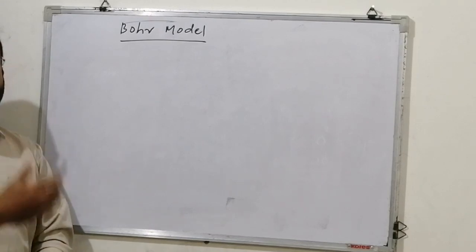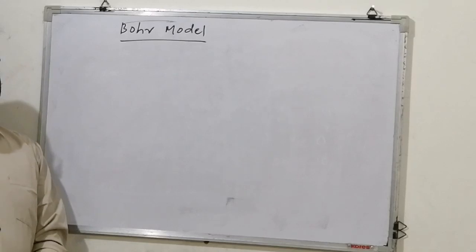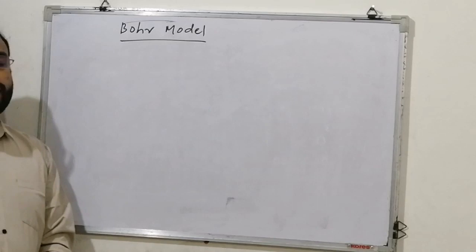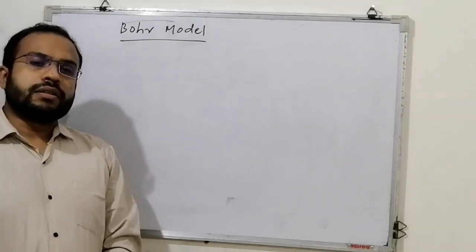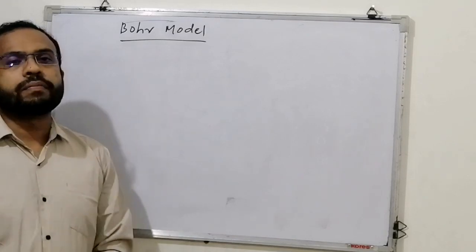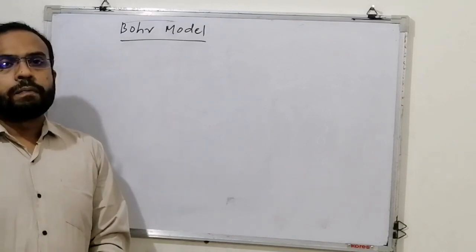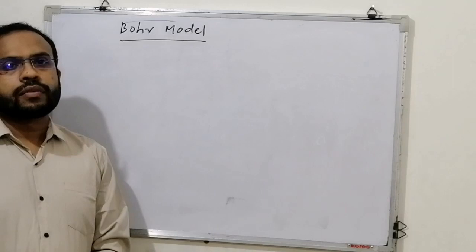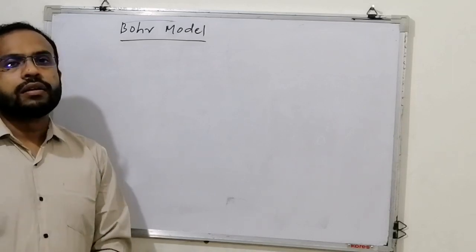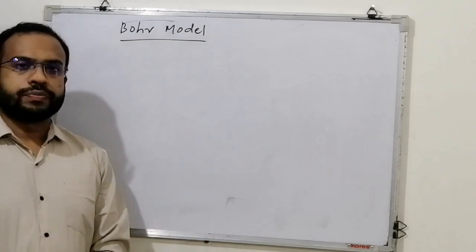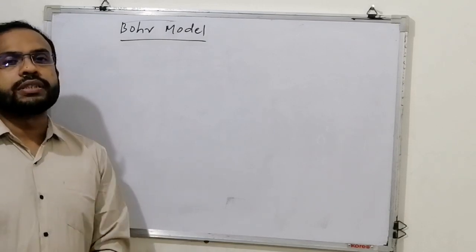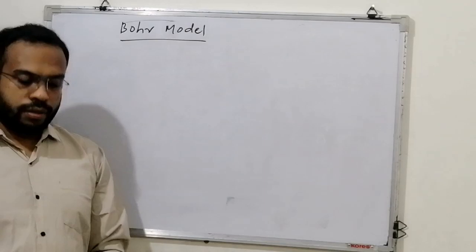There are different explanations for the structure of atoms, and that history starts from the Plum-Pudding model, Rutherford model, Bohr model, and quantum mechanical model. Here we would like to discuss the Bohr model.